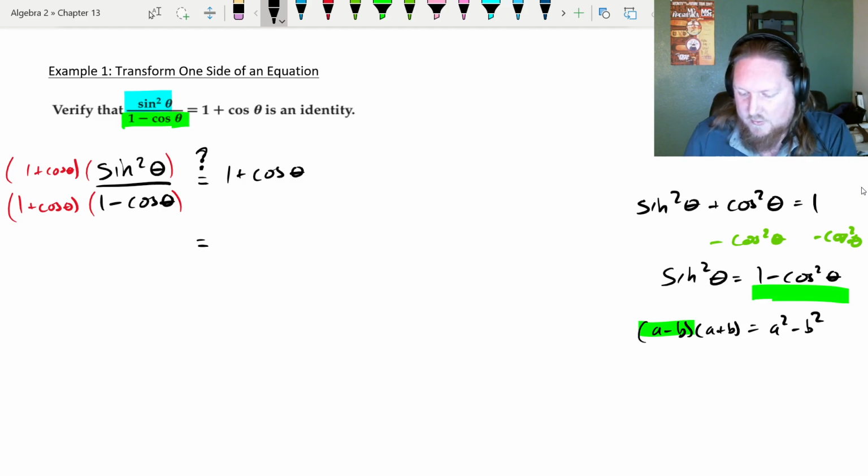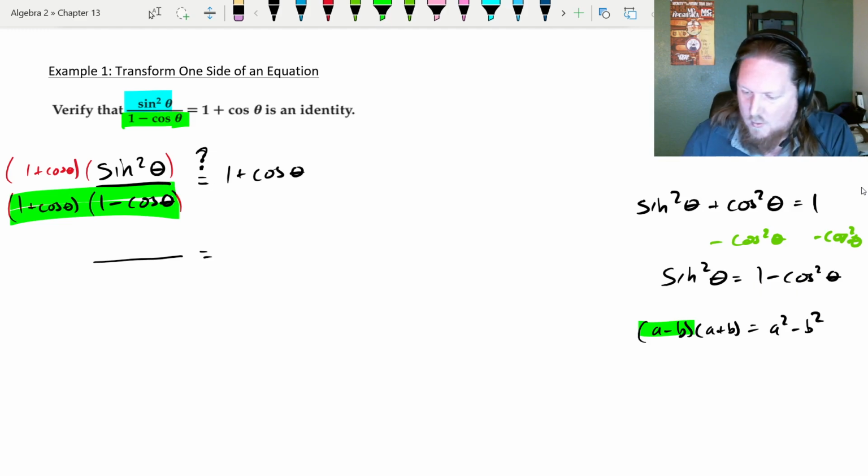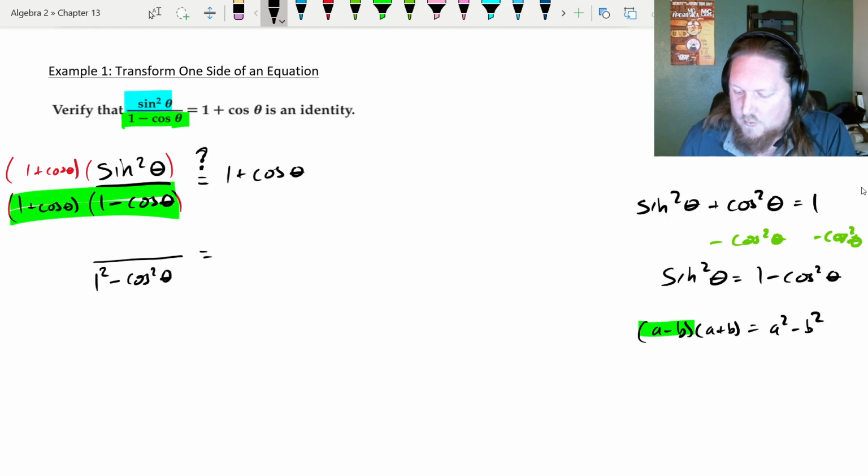So when I do this, I've set it up so that in the denominator, this little bit right here that we made is the difference of squares pattern. So I'm left with 1 squared minus cosine squared theta equals something. And on the top, I could multiply that out, but I don't really want to distribute that out.